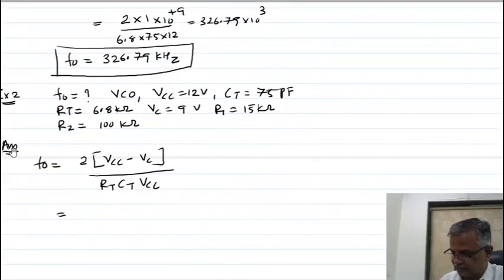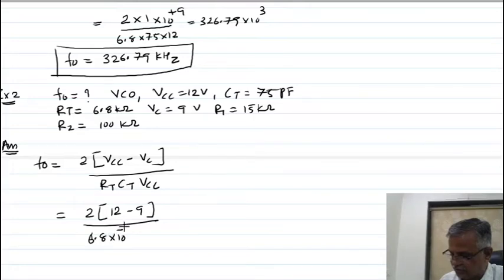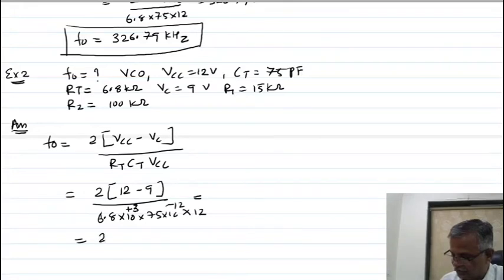So here I am writing 2 into 12 minus 9 into RT is 6.8 into 10 raised to plus 3, CT is 75 into 10 raised to minus 12, and VCC is 12. So this is 2 multiplied by 3 multiplied by 10 raised to 9, upon 6.8, 75 into 12.